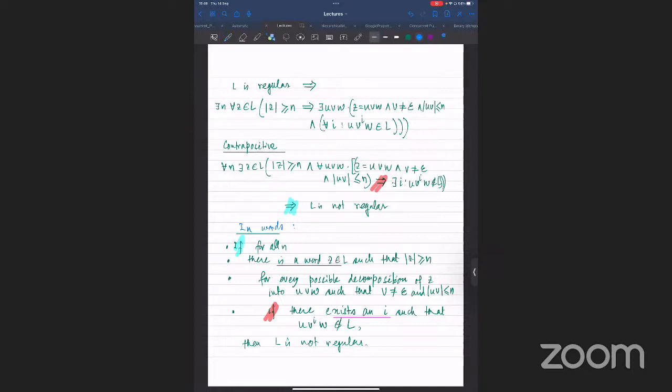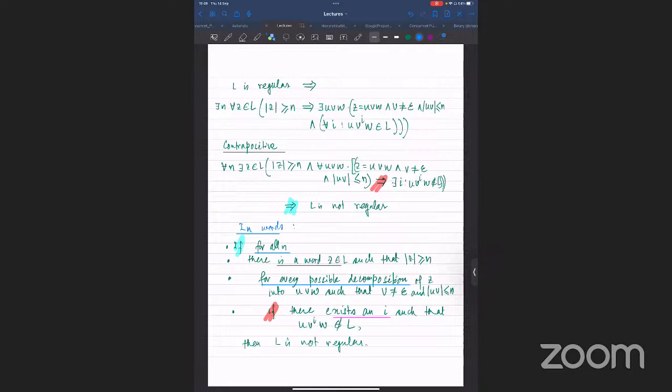You are going to choose this thing for every possible decomposition. So the universal quantifiers are something that you are going to give me, and I am going to choose the existential quantifiers. So I will choose a word z, I will choose the power i, the number of repetitions, how much I can pump. I'm going to show that indeed I win if the language is regular, right?